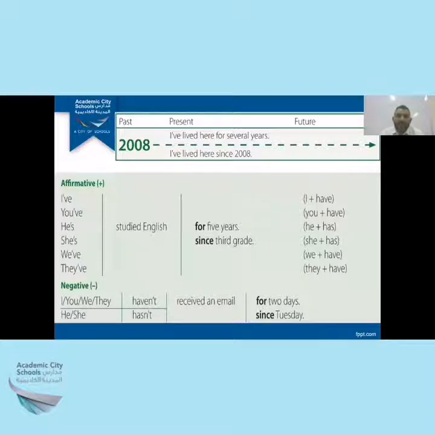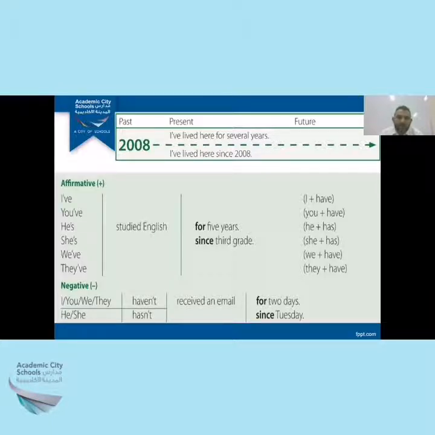This is the rule of the present perfect. As I told you, we use have or has plus verb 3 with the present perfect. We use have with plural and we use has with singular. And we use verb 3 with both, plural and singular.